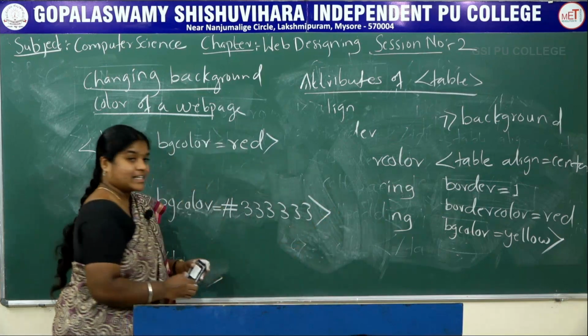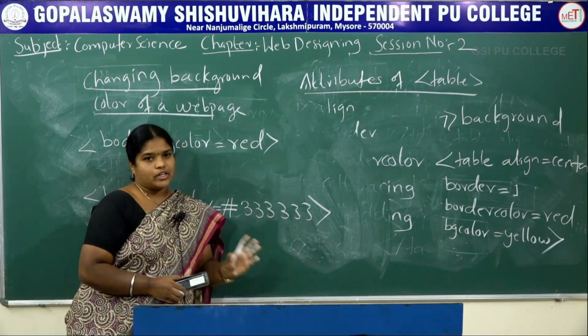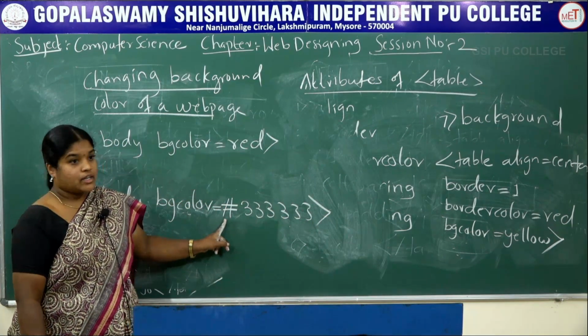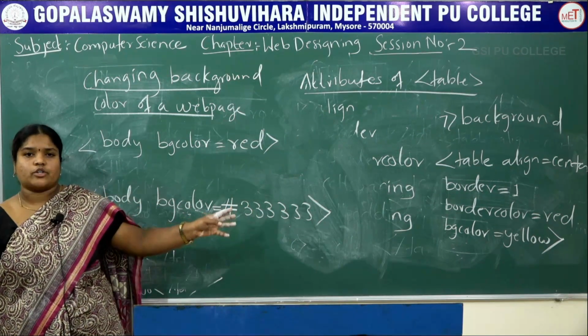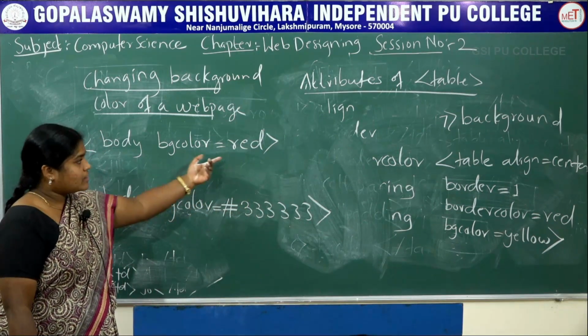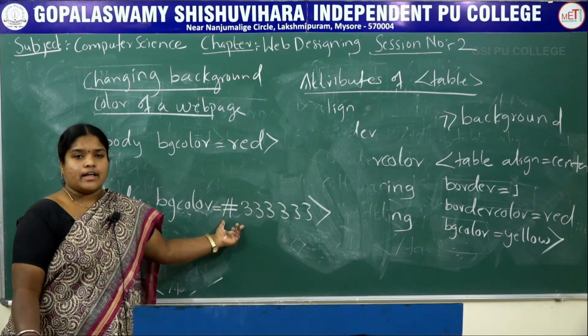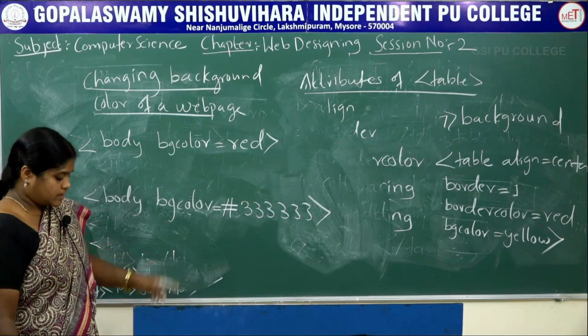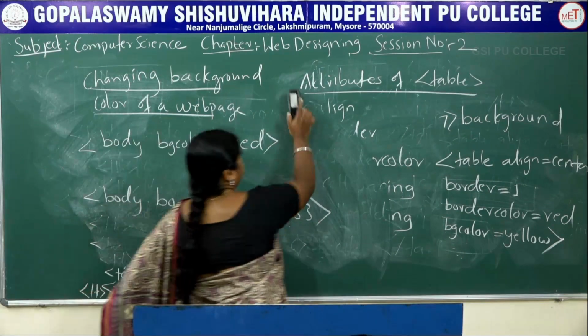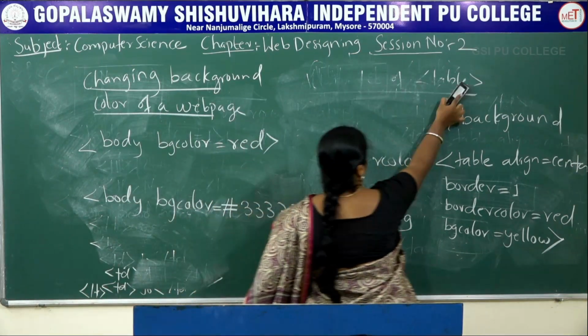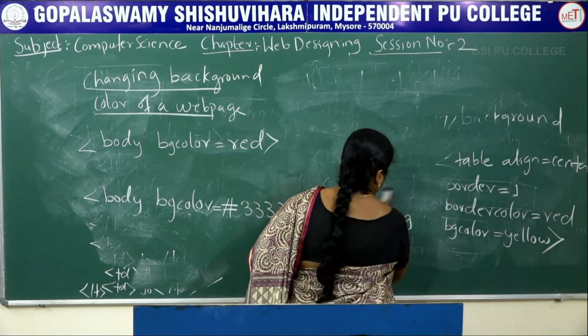Hexacode is normally 6 digits. It starts with hash. In this way also you can specify a color. Either you can specify the color name directly or you can specify the hexacode. So using this attribute you can change the color of an entire web page.